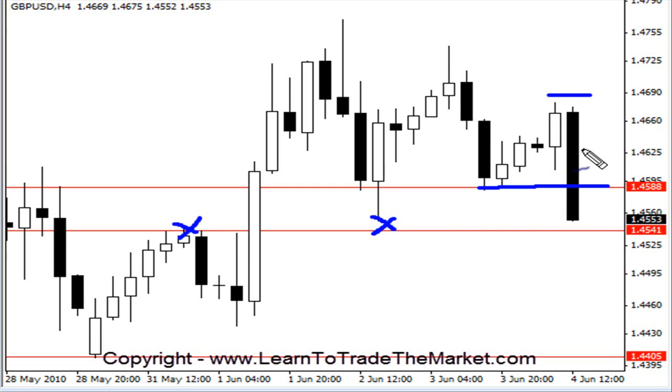When you're entering a position just into the news, you probably just want to have an amount of money or an amount of pips that you're prepared to risk, and if the thing starts to move against you, you're pretty much just going to get out.